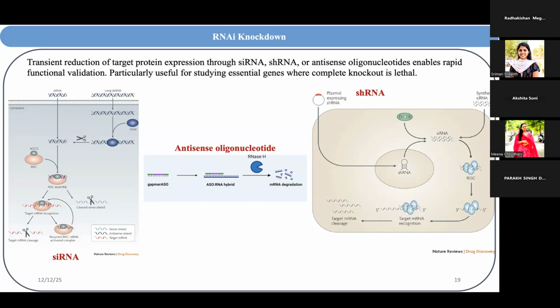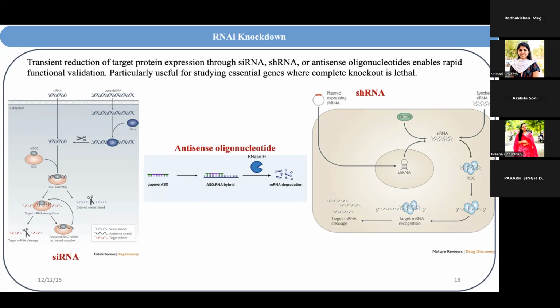But it is a temporary silencing. In antisense oligonucleotides, single-stranded DNA or RNA sequences complementary to our target mRNA are designed. They bind to the mRNA, preventing translation. In the case of shRNA, a short hairpin RNA, a similar principle is used.